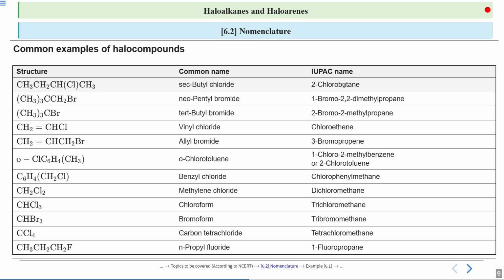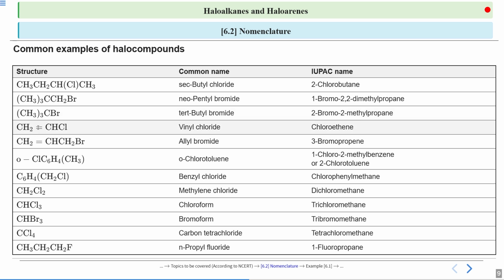For the IUPAC name, you select the longest possible chain and do the numbering, and the name will be 2-bromo-2-methylpropane, because at the second position we have one bromine and one methyl, and the parent chain is propane. After selecting the parent chain of three carbons, one methyl is the substituent and the other two are in our chain.